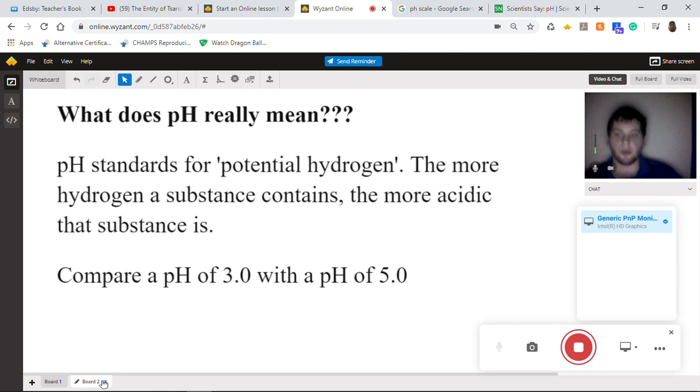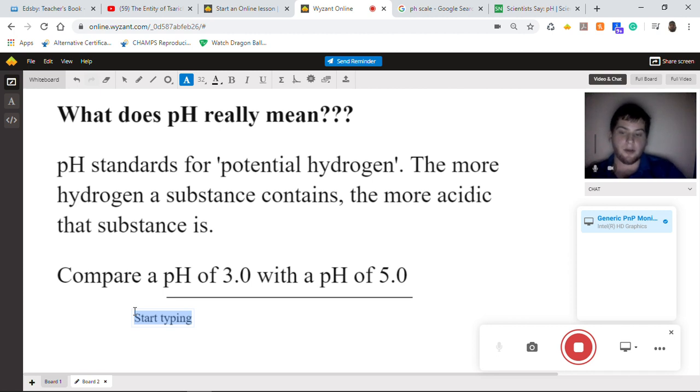So I'm going to end with one last question. Compare a pH of 3 with a pH of 5. So we know that 5 and 3 are 2 steps removed from each other. So I can say that the pH of 3 is 100 times more acidic than the pH of 5.